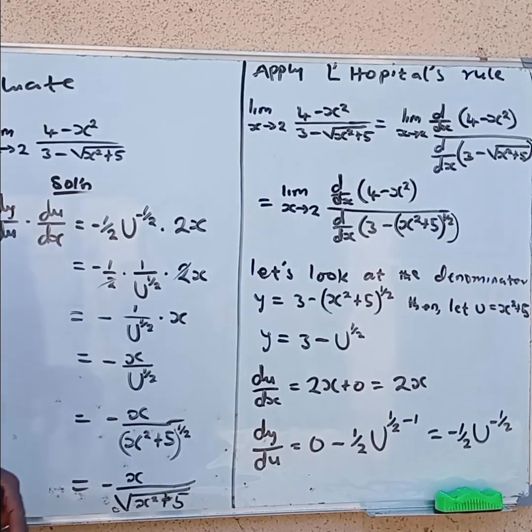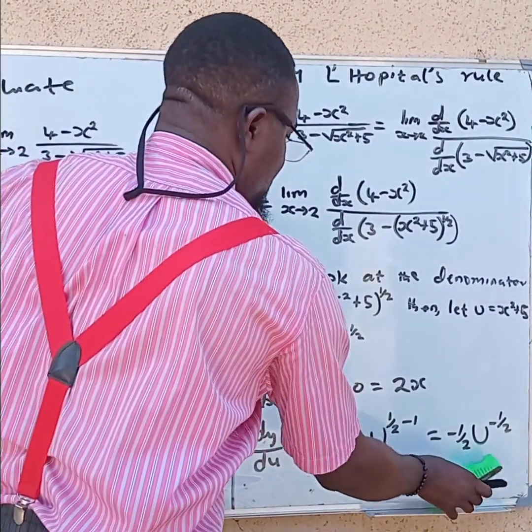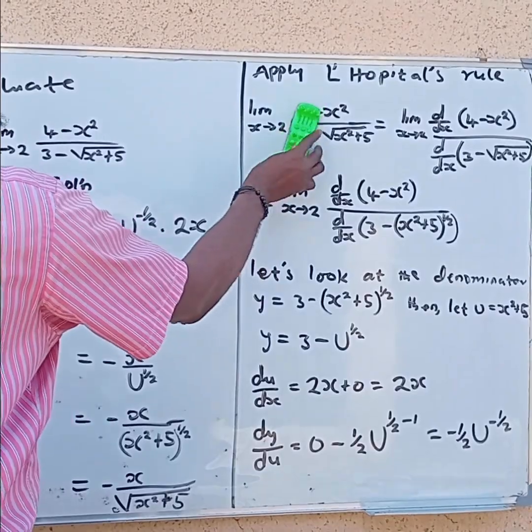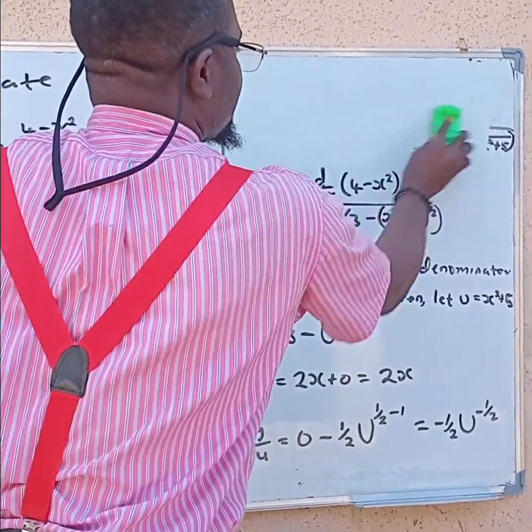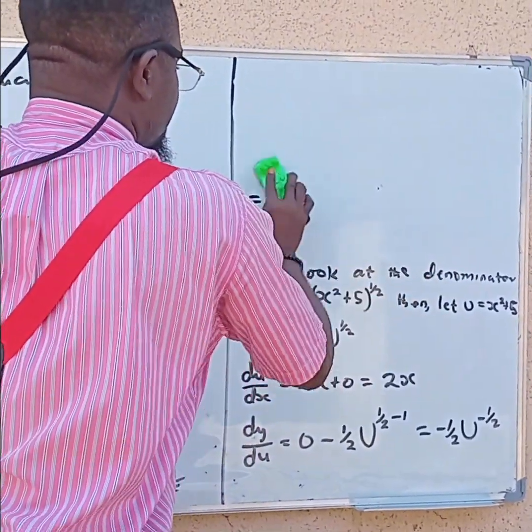The top is 4 minus x squared, so it's very simple. So what we'll do is to come here and apply L'Hopital's rule.